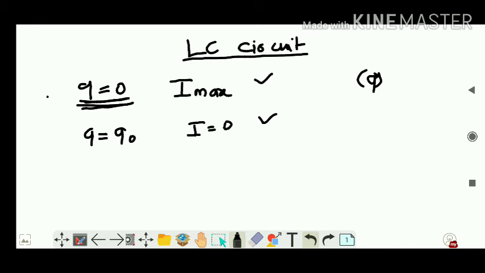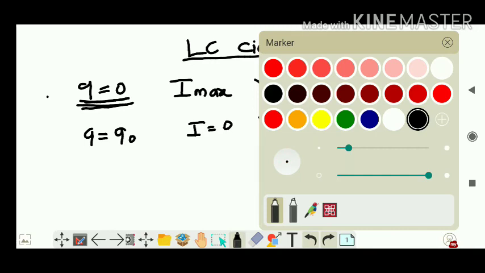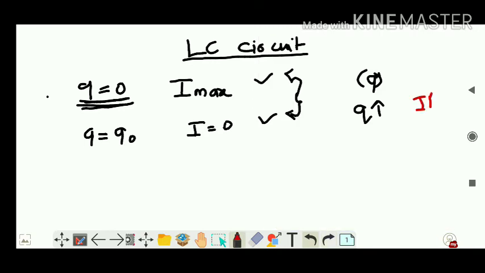So that means there is a to and fro motion between the charge and current. Sometimes the charge is high, sometimes the current is high. So there is an oscillatory motion between charge and current.